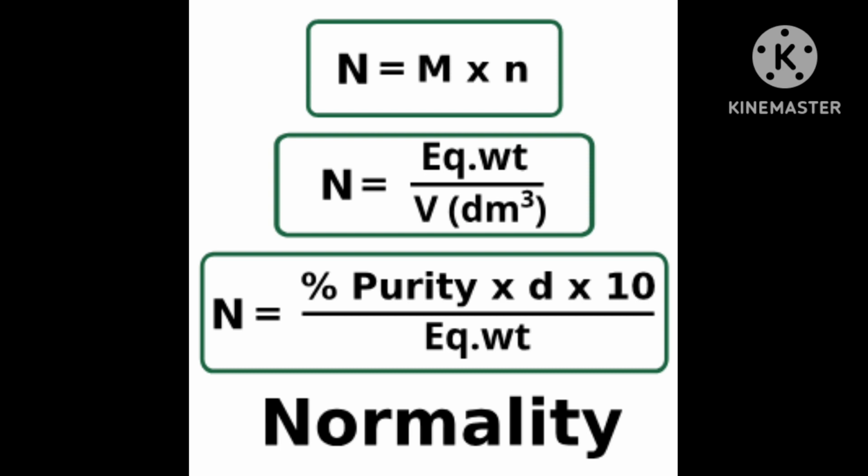Suppose you got this acid, and you want to calculate the equivalent weight of acid. Then how will you calculate the equivalent weight of salt? You have to calculate first, from the formula I told you, the equivalent weight of salt. From the equivalent weight of salt, you just subtract 108 or 107.